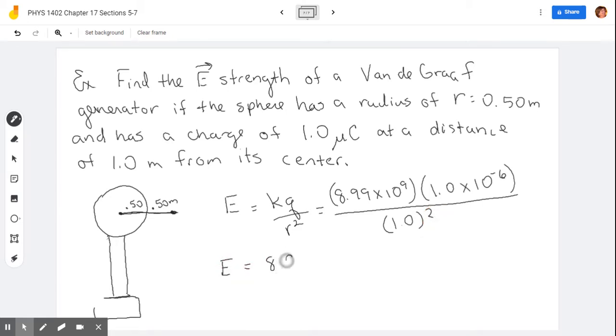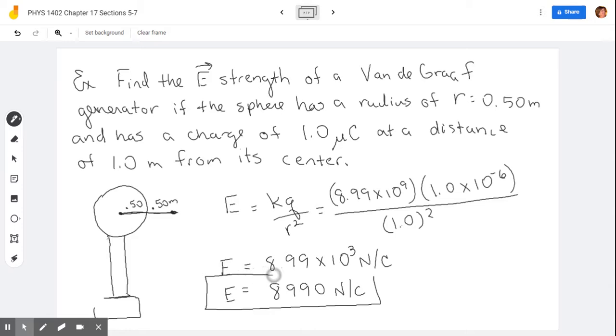It's going to be 8.99, 9 and negative 6 is going to be 3. One squared, of course, is just 1. This is newtons per coulomb. Or if you wanted to write it out, 8,990 newtons per coulomb. It's strong, but not nearly as strong as the electric field inside that hydrogen atom, where the distance was so small.